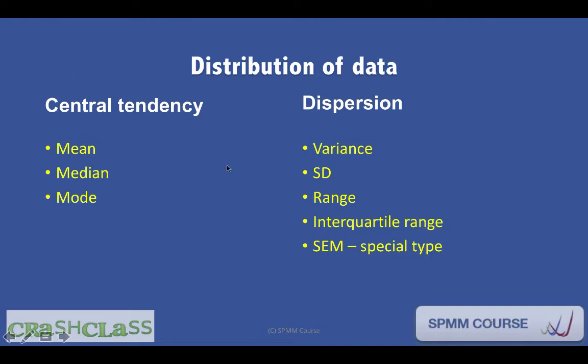So if I want to convey that information, how is everybody distributed around the central value? What is the dispersion? What is the spread of everyone's value around the central value? Then I have to give you some measure of dispersion along with the measure of central tendency. The easiest measure to remember when it comes to dispersion is variance.